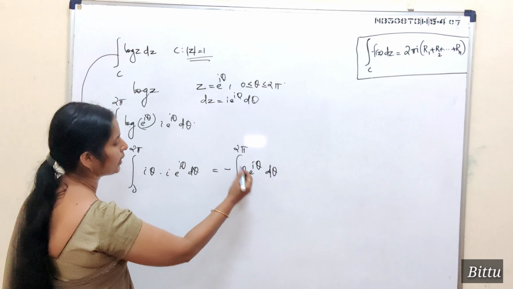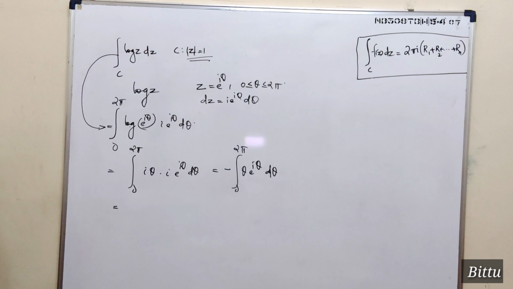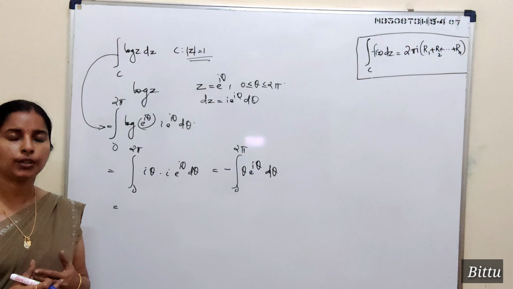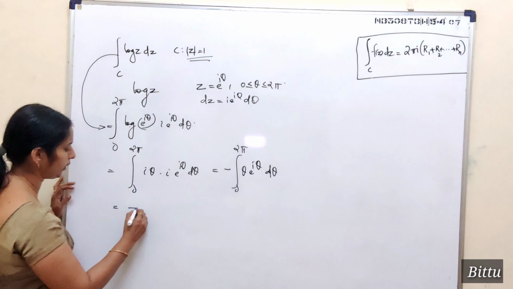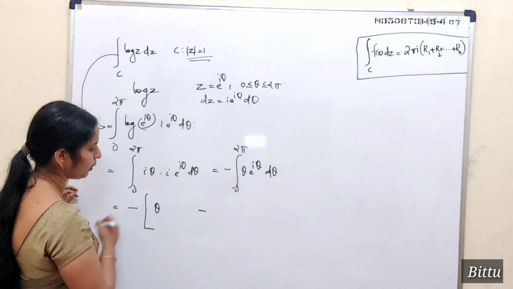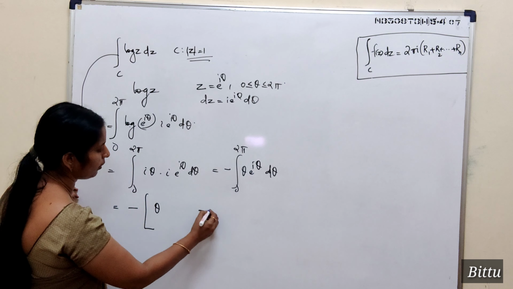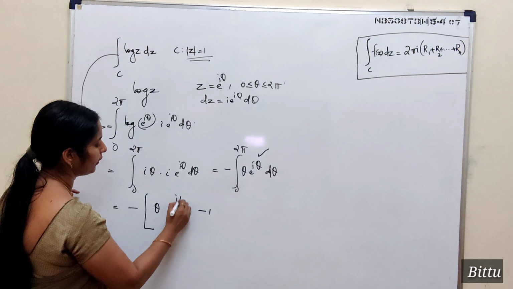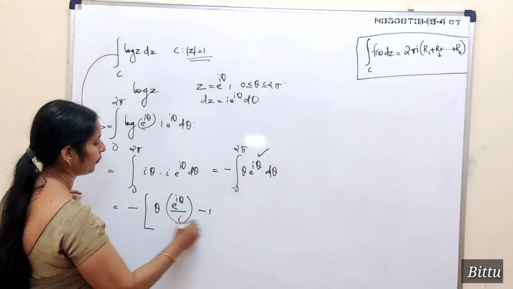You can evaluate this product by integration by parts. You do it in your own way. Here I am doing it in a shortcut method. You start with theta, then assign alternate signs starting with the plus sign. You write its derivative here. Next you consider the second term and write its integral here. It is e raised to i theta by i.